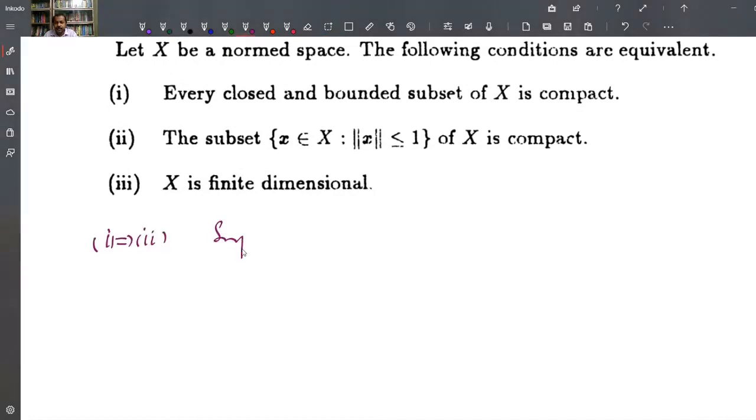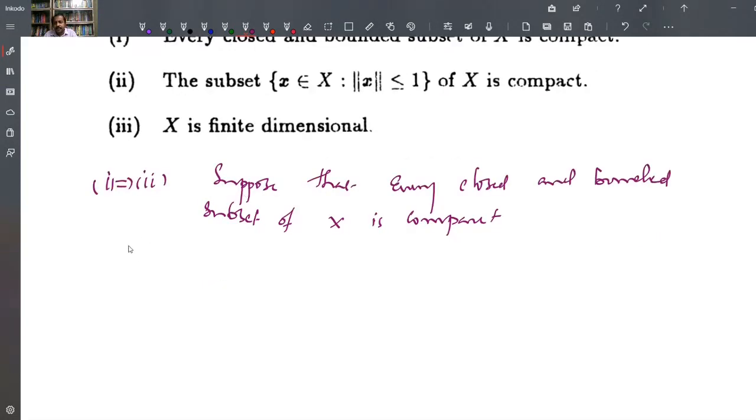So suppose that 1 holds: every closed and bounded subset of X is compact. We consider the subset A equal to the set of all x in X such that norm of x is less than or equal to 1.